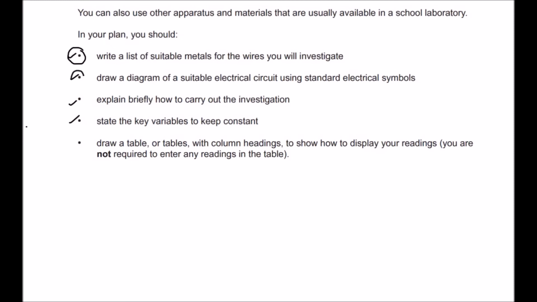For the second part, look at this. Draw a diagram for a suitable electrical circuit using standard electrical symbols. So you will draw a circuit diagram, in which you include all the things you need to investigate the resistance of metals.